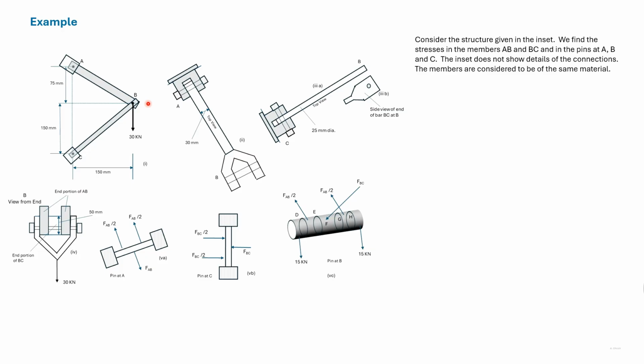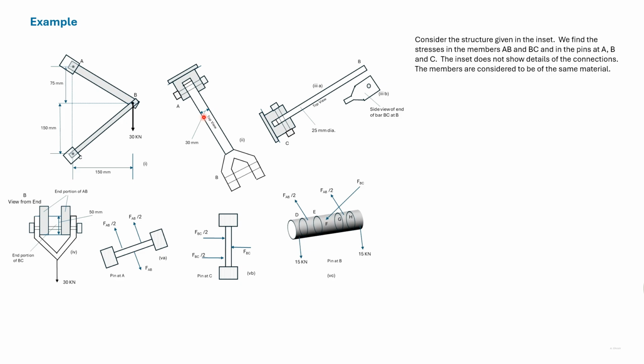The load applied here is 30 kilonewton, and these dimensions are given. So initially we look at the bar AB. This bar AB has a dimension of 30 millimeter by 50 millimeter.